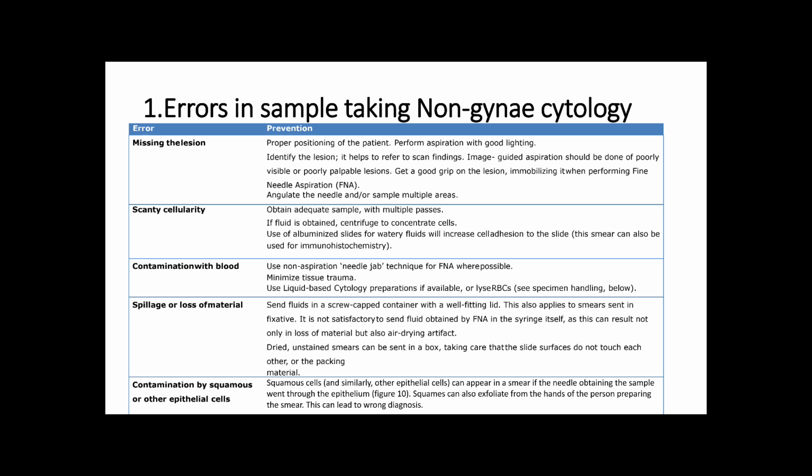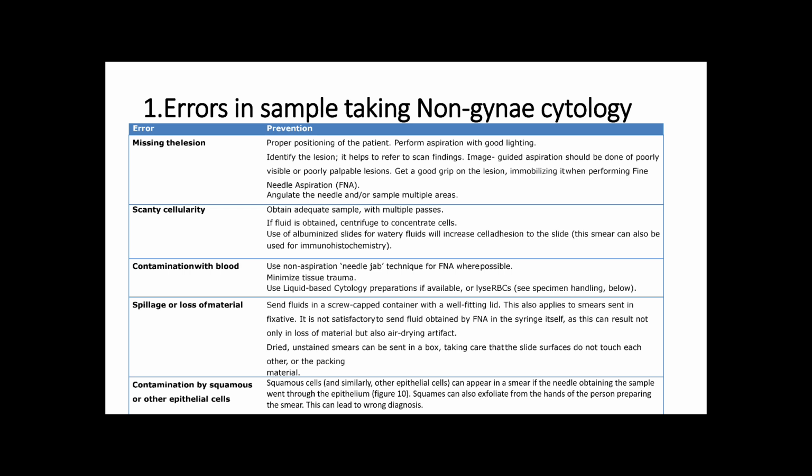So this smear can also be used for immunohistochemistry, because if our smear contains scanty cellularity, albumized slides keep the cells. Otherwise, during the processing, staining, fixation and all the things, there is sometimes a possibility of removing the cellularity.